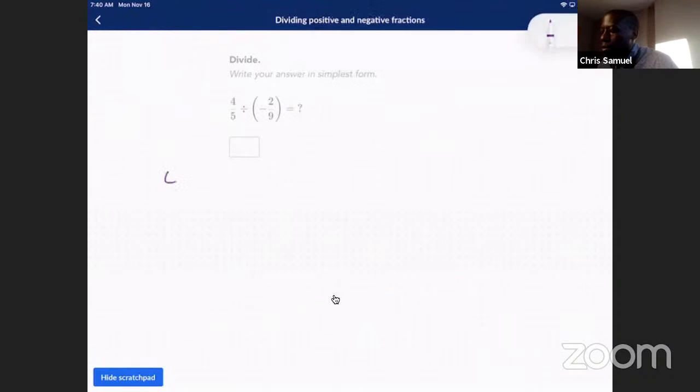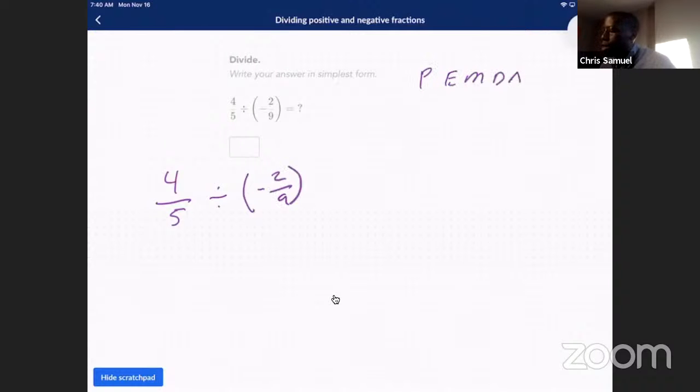And we have here 4 divided by 5, and then you have 4 fifths, and then you have here 2 over 9. And then remember our PEMDAS rule: parentheses, exponents, multiplication, division, addition, and subtraction.